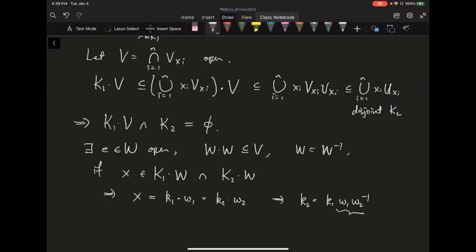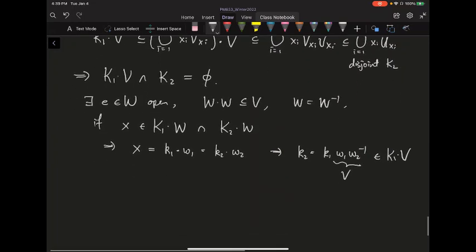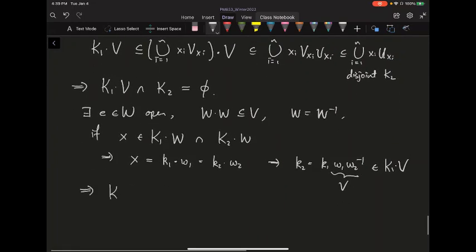And the way you chose it, w2 inverse is still in W, so you have two copies of W, which gives something in V. So that's inside K1·V, and you have a contradiction. So that shows K1W intersect K2W is always going to be empty. So that finished the proof.